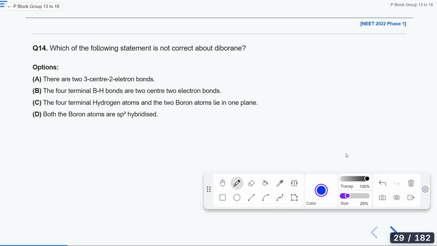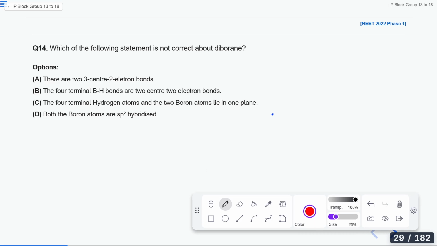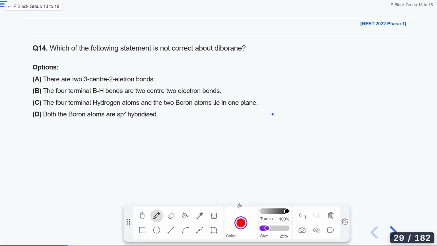You have to tell which statement is correct about diborane. Which statement is correct about diborane? Try this question. Which statement is correct about diborane?